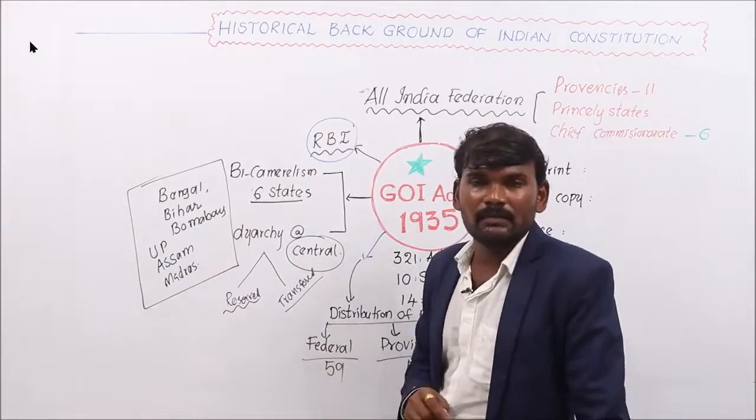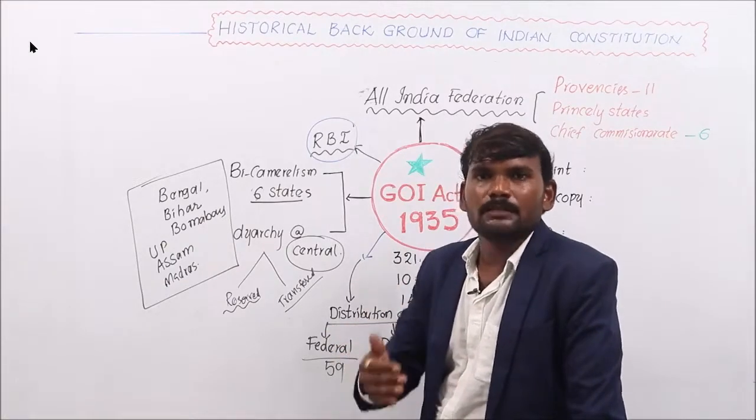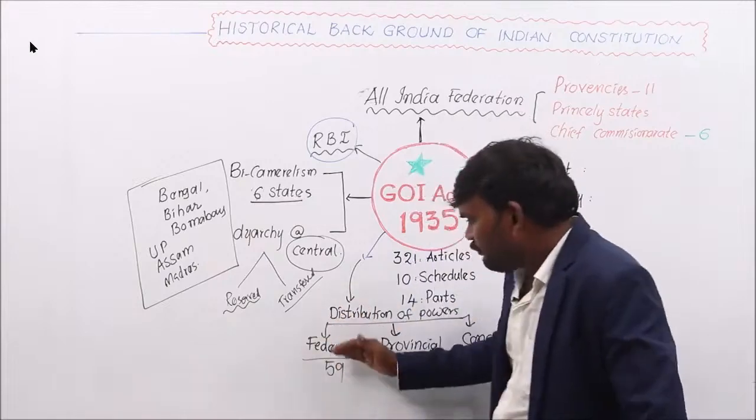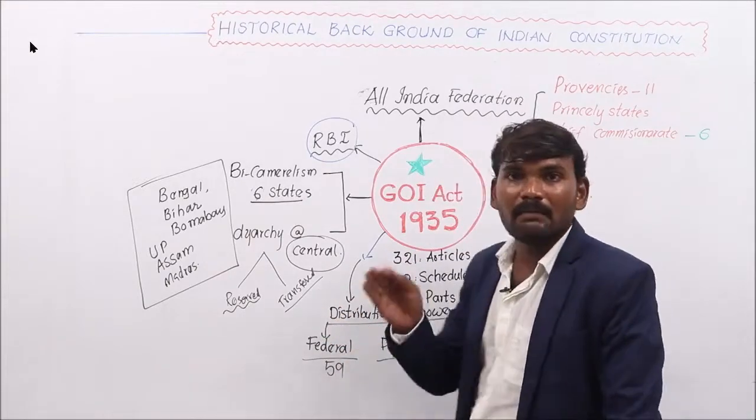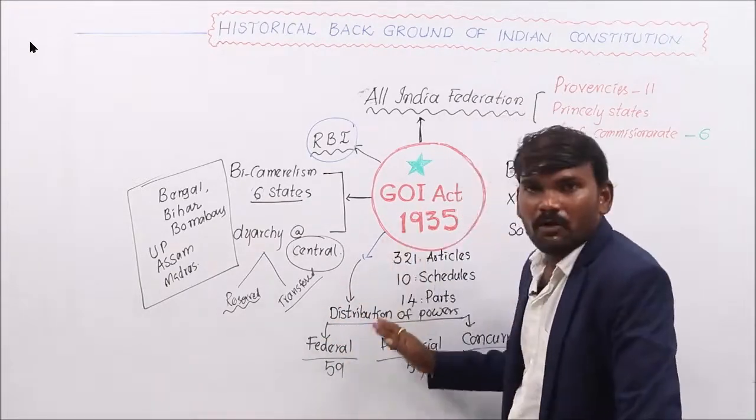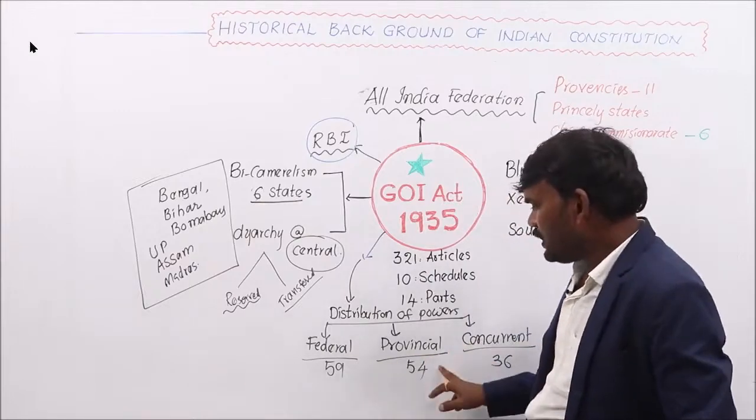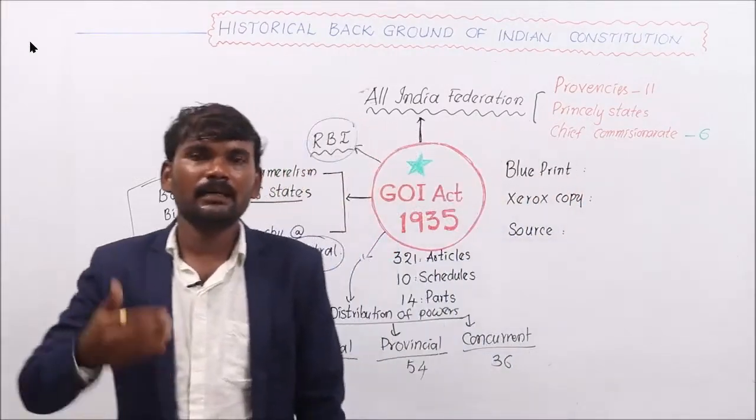Federal list consisting of 59 items means currency, banking, foreign affairs, defense. Such things come under the federal list. These 59 items can be administered and enacted by the central government only. The state government has no right in these matters. Provincial list means the subject matters which were completely reserved to the state governments only.